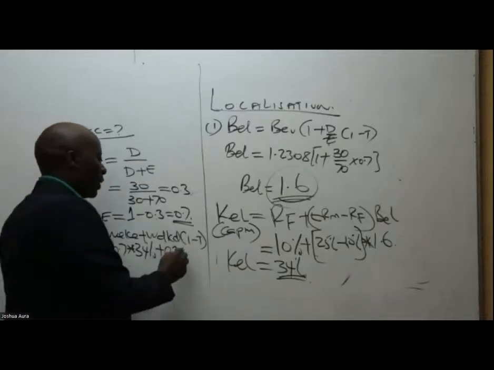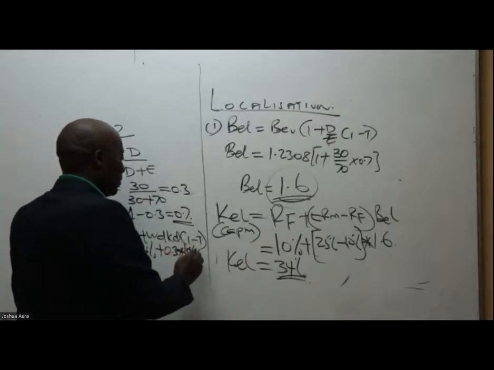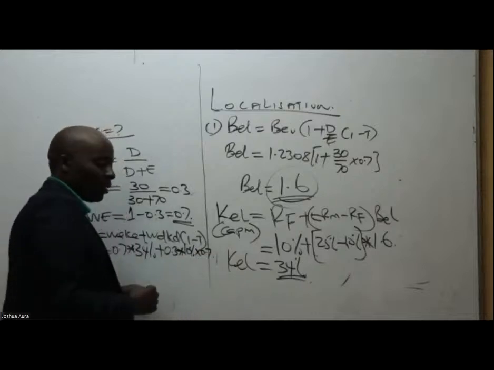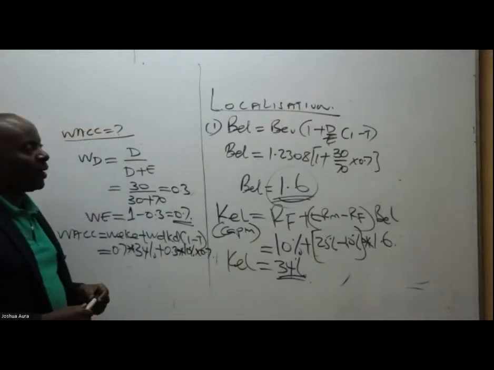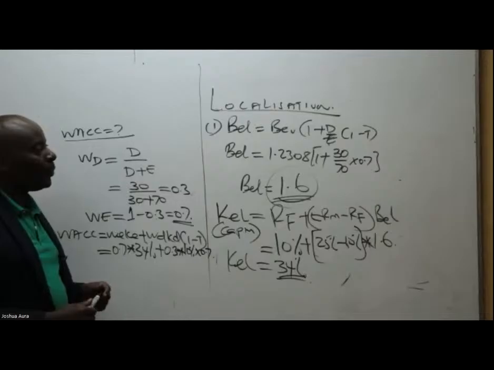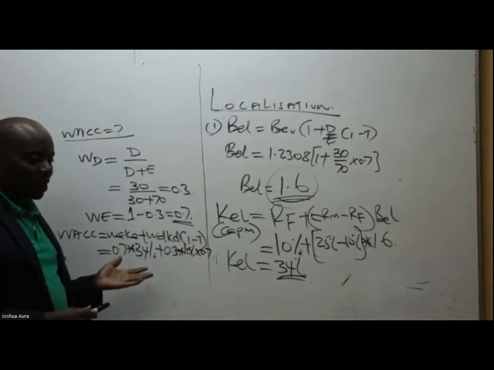We take risk-free at 10%, multiplied by 0.7 because of 1 minus tax.